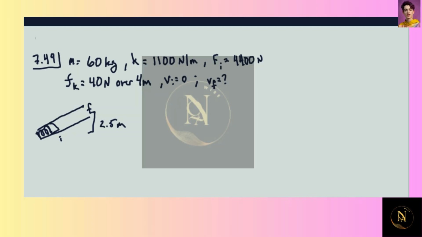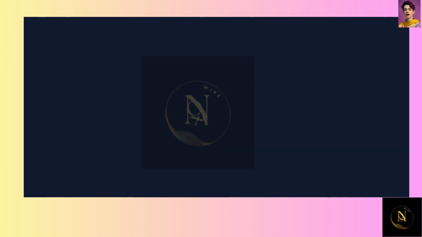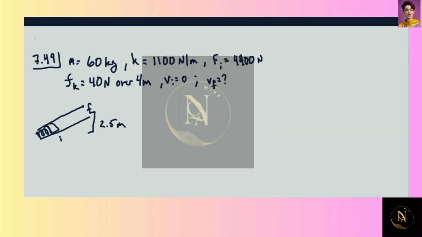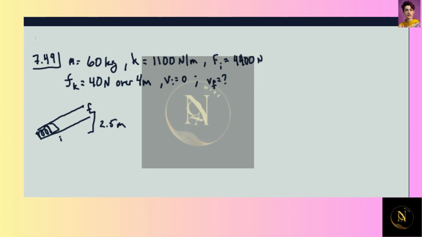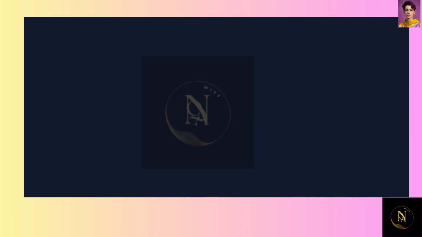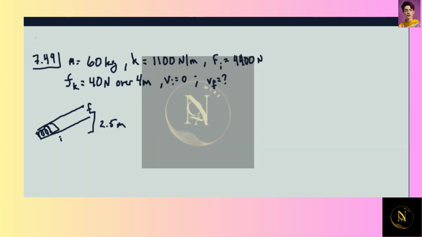Problem 7.49, we're helping a circus performer construct a new spring cannon for him to do acrobatics or something with. I'm not sure what you call it. Anyway, this will have a spring with a spring constant of 1,100 newtons per meter. He's going to initially compress it with a force of 4,400 newtons.